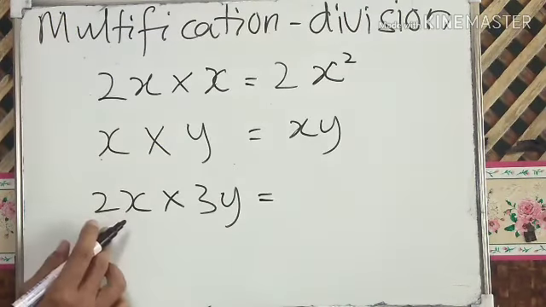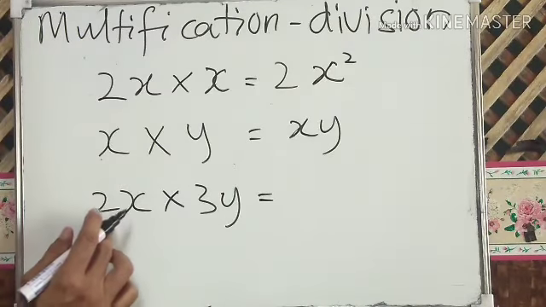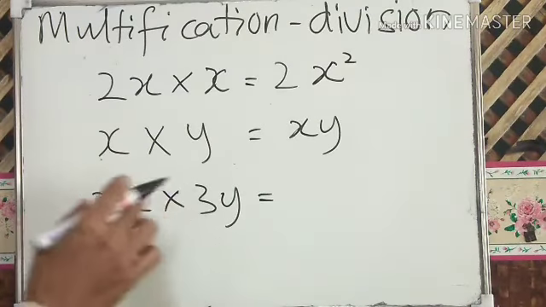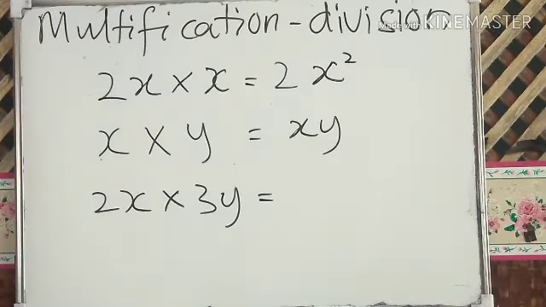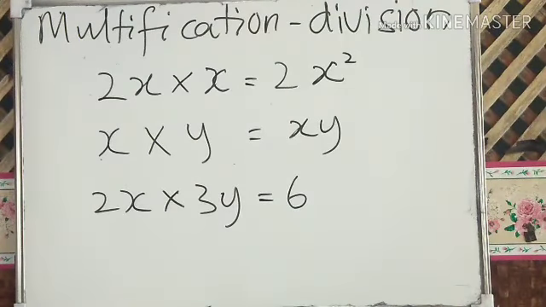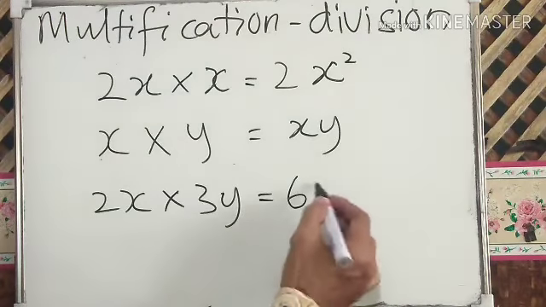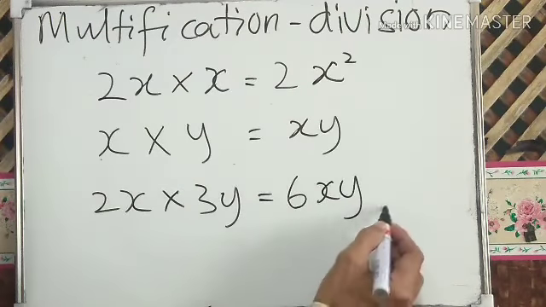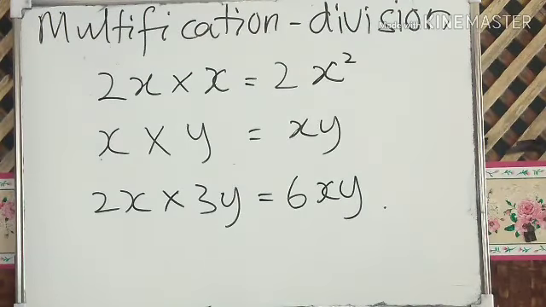The coefficients can be multiplied directly and become 6, and xy like this.